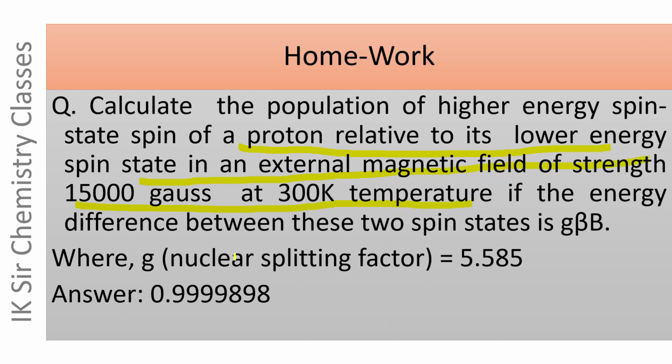If the energy difference between two spin states of proton is g beta B, where the value of g is 5.585 and the value of beta we have already seen in the previous problem for homework.